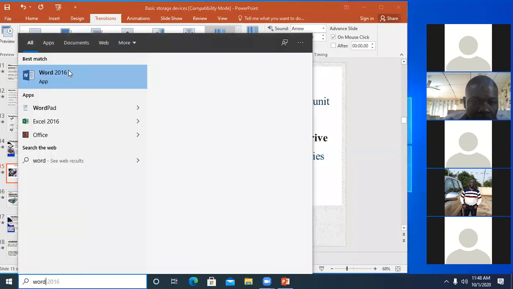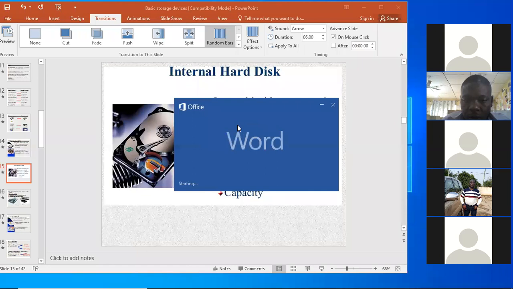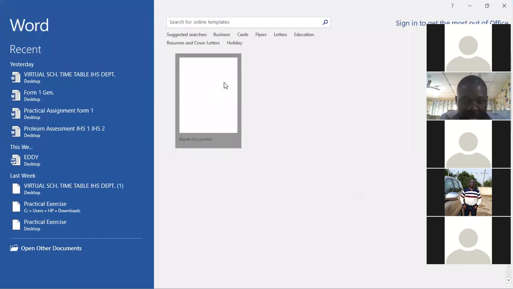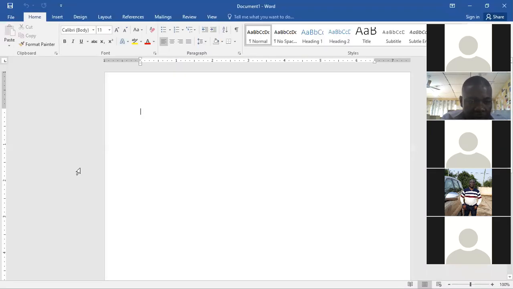I just want you to have a look at drive C. So you have drive C. Okay, so drive C is written like this: C, then this.